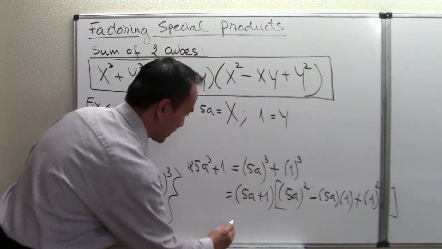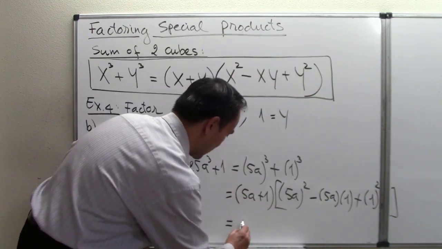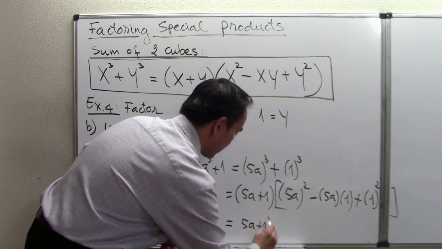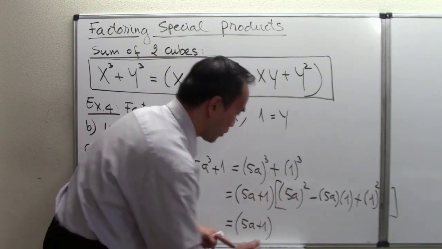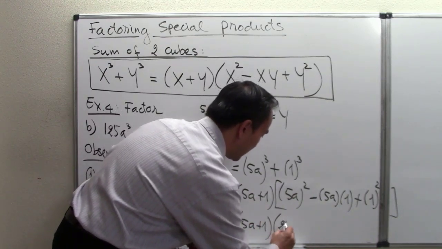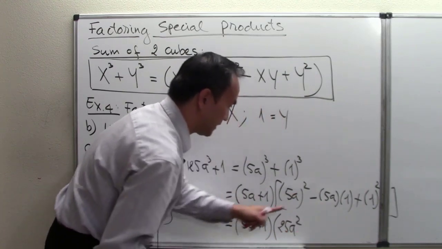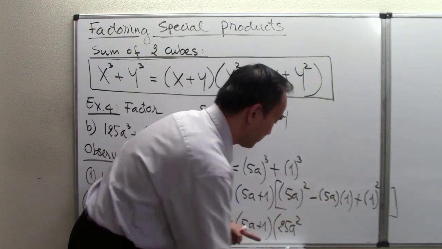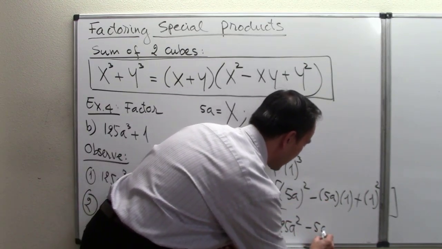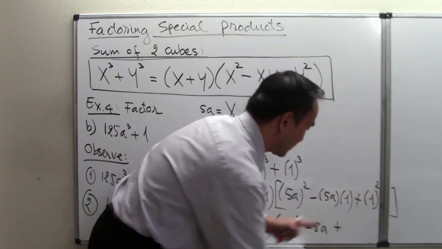And so now rewriting our expression, 5a plus 1 stays the same. 5a all squared can be rewritten as 25a squared, and then minus 5a times 1, so it's just minus 5a, and plus 1 squared is just 1.